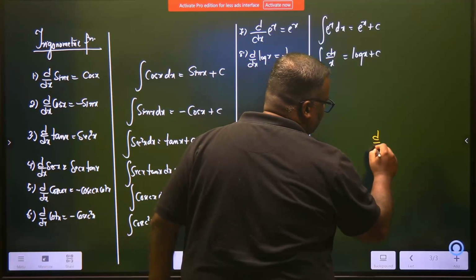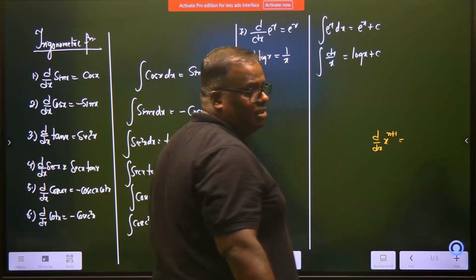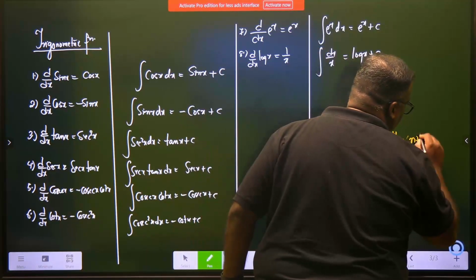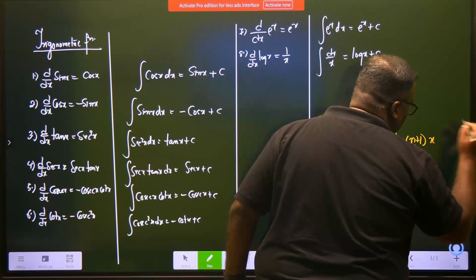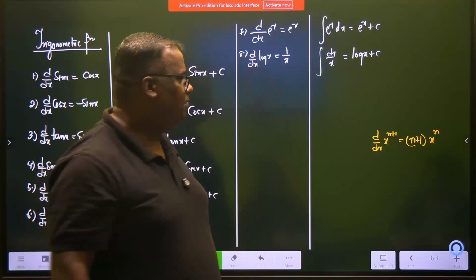I am asking you what is d/dx of x to the power n plus 1. Let's see it like this: n x to the power n minus 1, so this is n plus 1 x to the power n plus 1 minus 1, which is n. Okay? Understood?